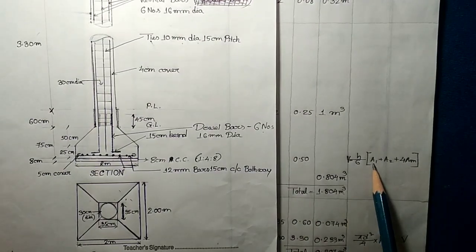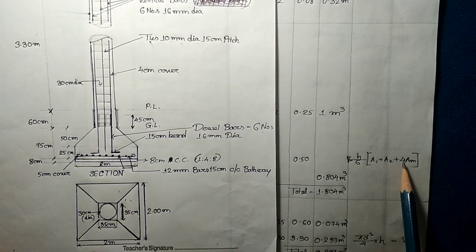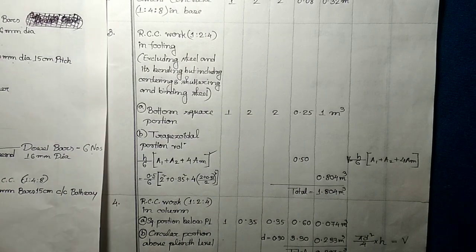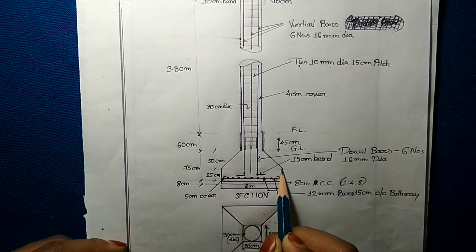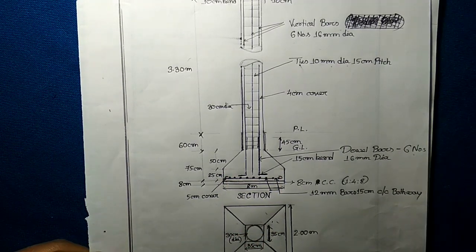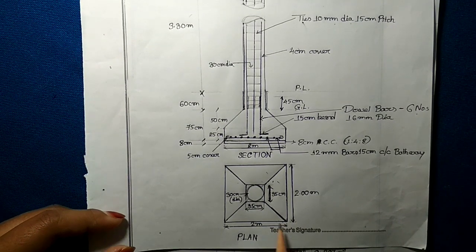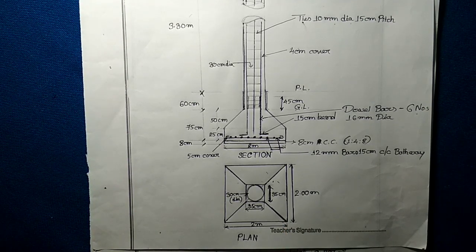And the area is area 1, area 2 plus 4 times of area mean. What is area 1 and what is area 2? You can see this is the bigger edge and the length is 2 meter. By considering the bigger edge we can have one area, and by considering the smaller edge we will have one separate area.